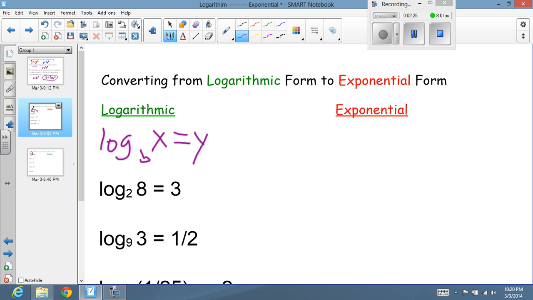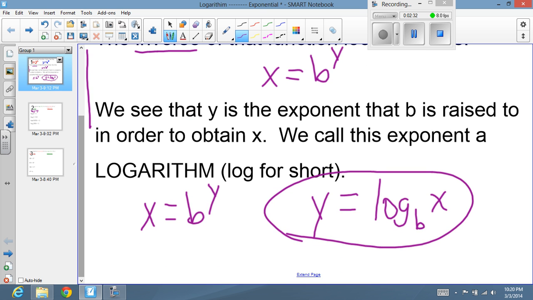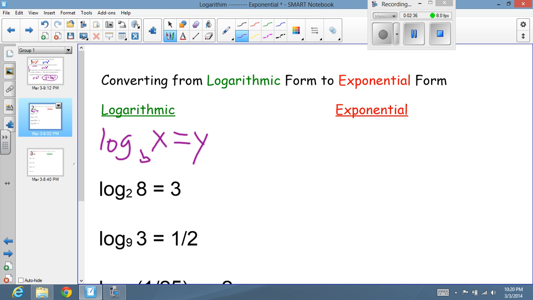That's what a logarithmic function would look like versus an exponential from the previous slide, x equals b to the y. I'm going to write it b to the y equals x. And now we're going to convert from logarithmic to exponential.